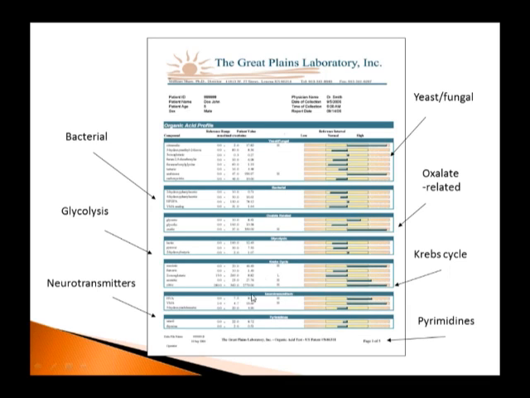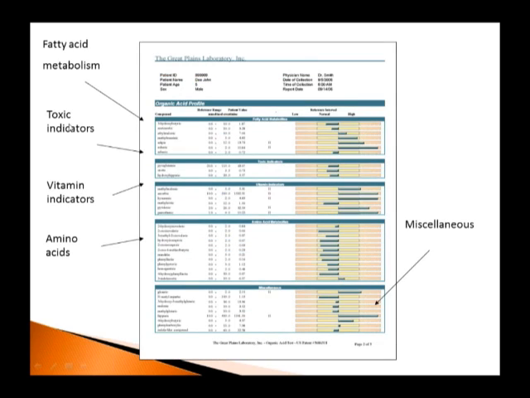We can use this test to assess certain neurotransmitter imbalances, look at mitochondrial function and how the body is producing cellular energy. That test is useful for that. And then there are other markers as well, looking at toxic indicators, vitamin indicators, and other types of amino acid imbalances.